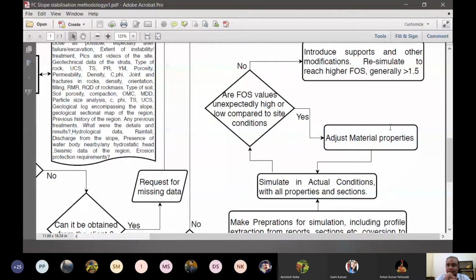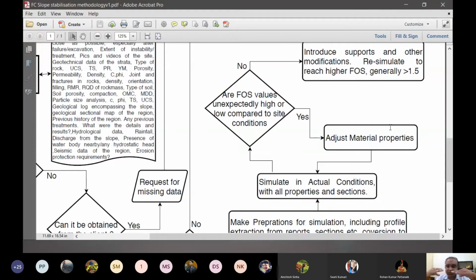So what is at the field? First, we have to match it in our simulations. Unless and until we bring our simulations to the level where they exactly represent the field, we cannot rely on our simulations. So the first thing in simulations is always to match the present field conditions with what we simulated.